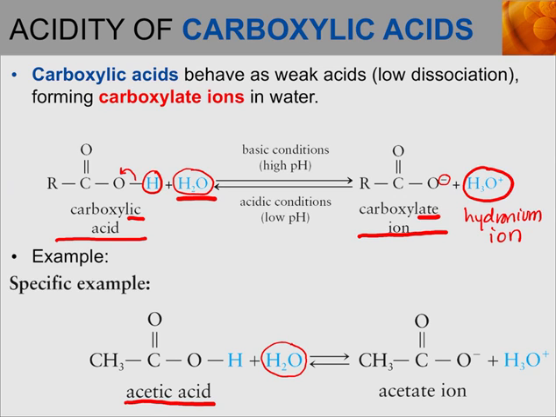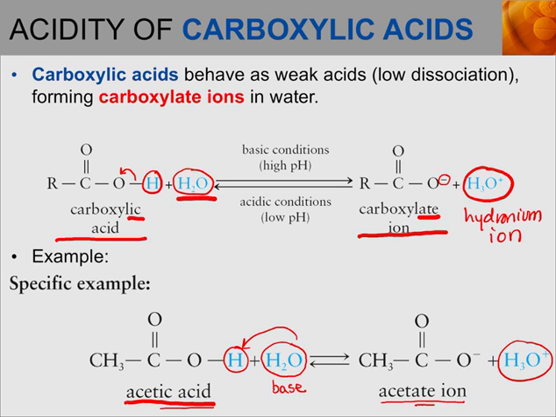In this case, water's acting as a base, and it's going to grab that hydrogen from the carboxylic acid and form H3O+, the hydronium ion, and what's left over is the acetate ion. So again, we changed ic acid to ate.